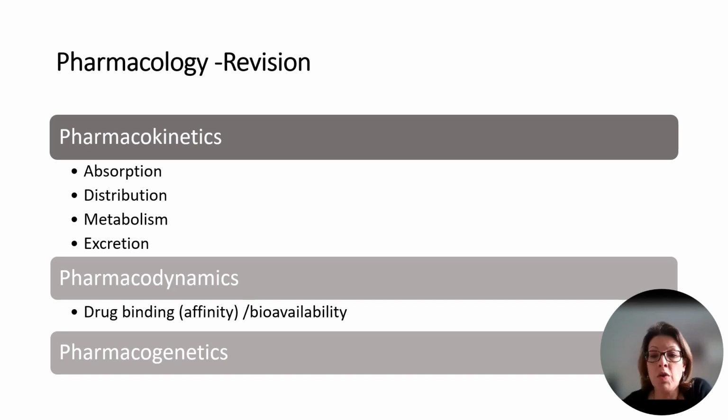Other things of consideration, obviously, are going to be pharmacodynamics, and this is the way the drug in the body is acting on various different receptors. It's about the binding and potency of the drug.